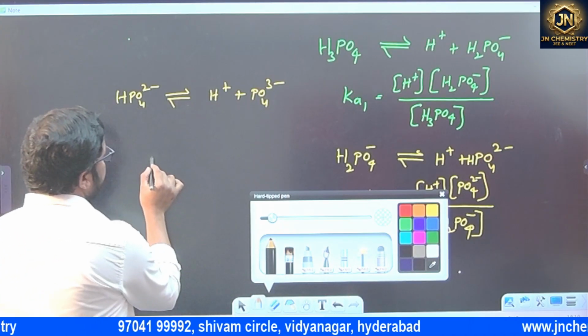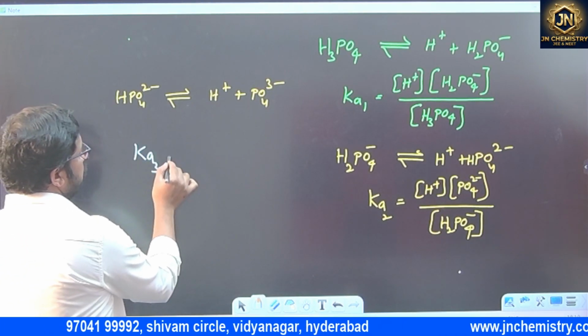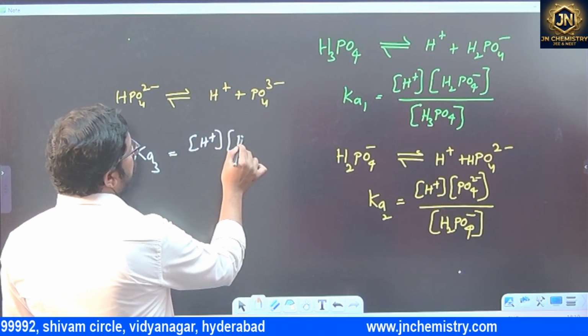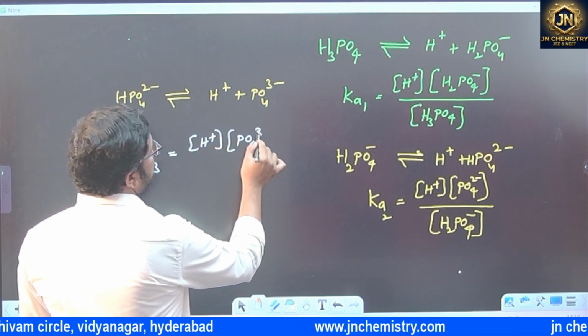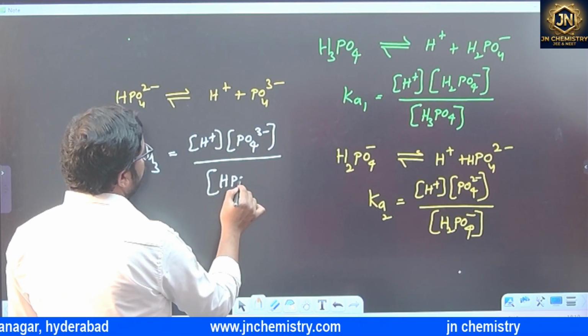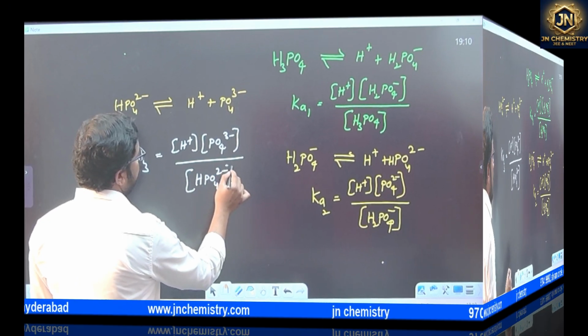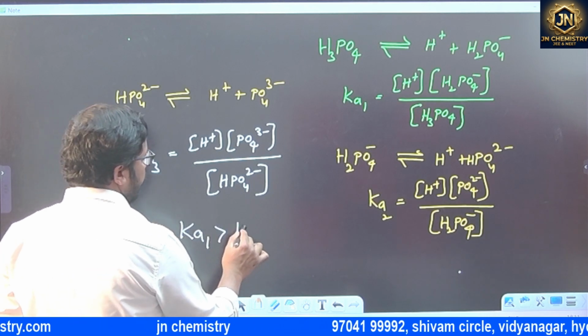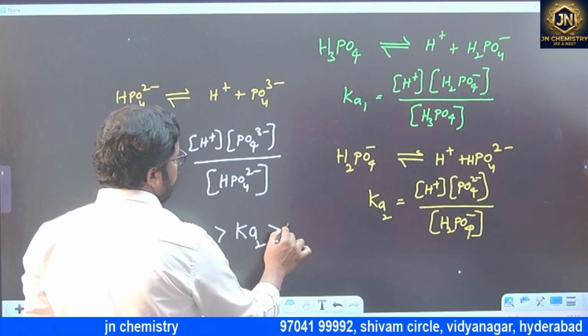So in this case Ka3 is equal to H plus ion concentration times PO4 3 minus ion concentration, divided by HPO4 2 minus concentration. Now Ka1 is greater than Ka2 is greater than Ka3.